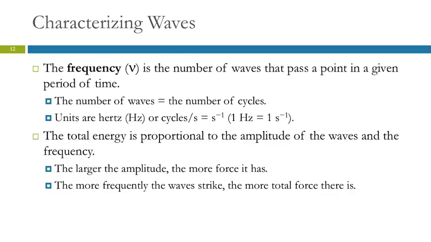Because as the waves come in, they change, which is different than electromagnetic radiation. But at some point those waves are breaking, and you don't want to hang out there because they're just constantly coming on top of you. So larger amplitude, more energy, more force, and the more frequently that wave is hitting you, the more total force there is. You guys okay with that?